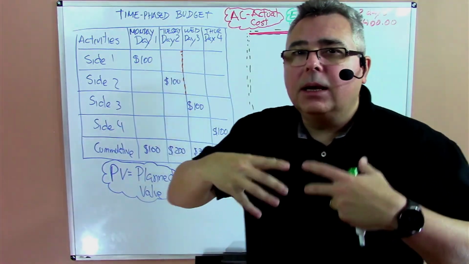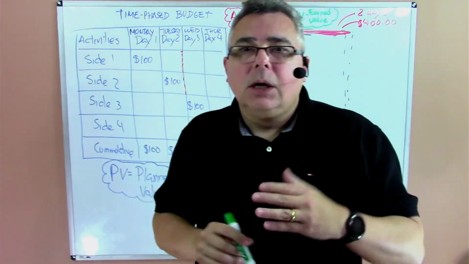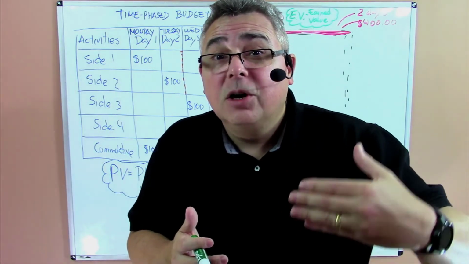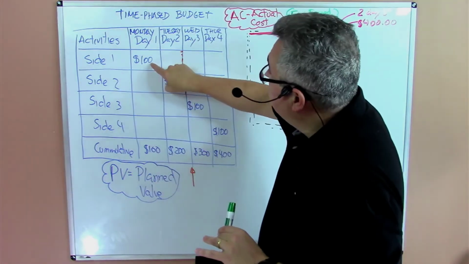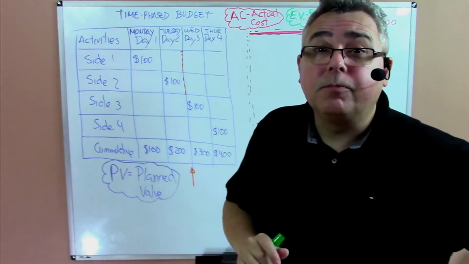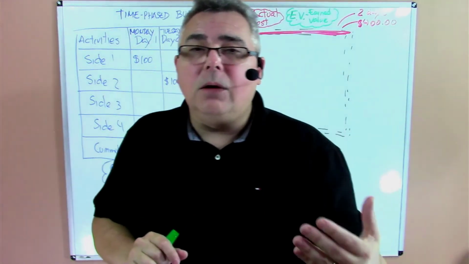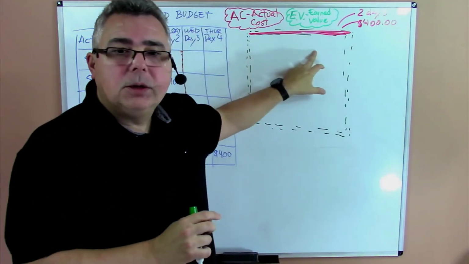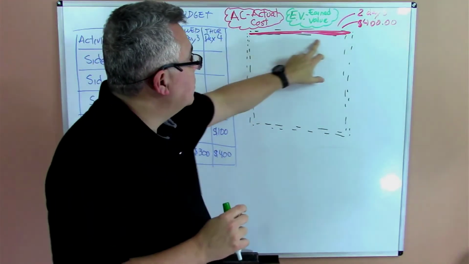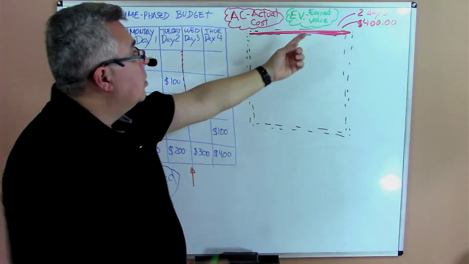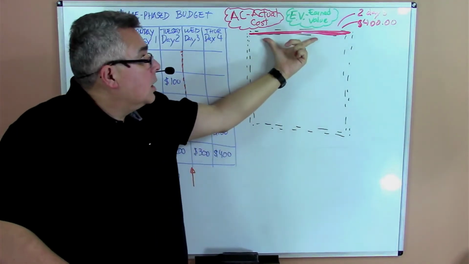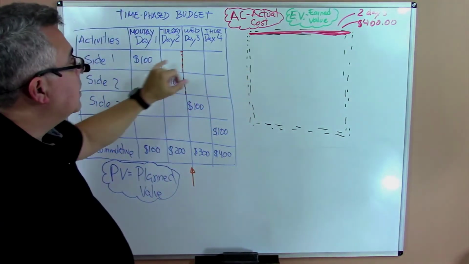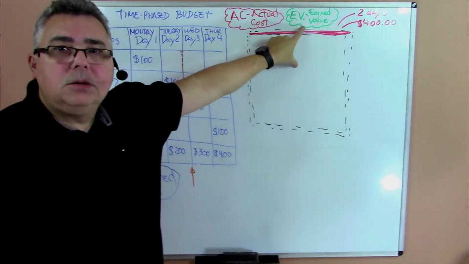That is the value of the work. Once the project finished the first side, we say that the project earned that $100. So earned value is when we convert the real work, that fence over here, into dollars. The real work is one side. What is the dollar value for that side? 100. So the earned value is 100.